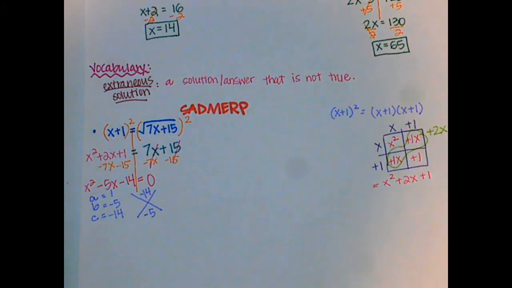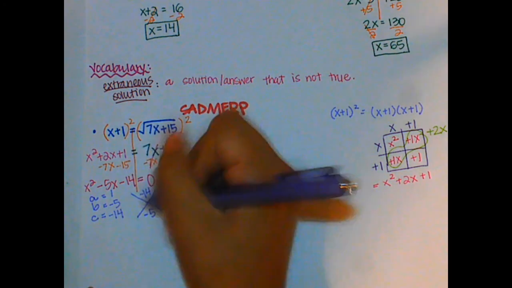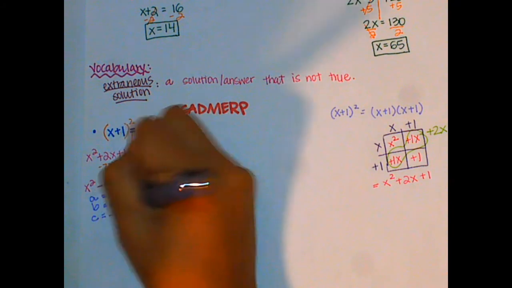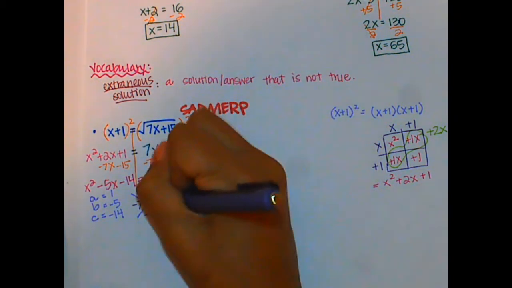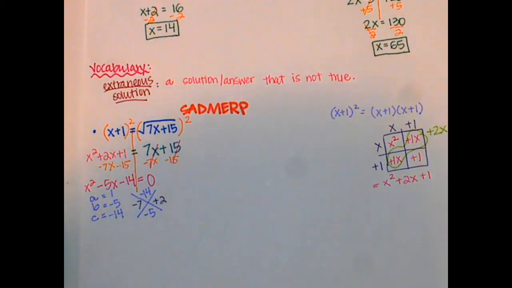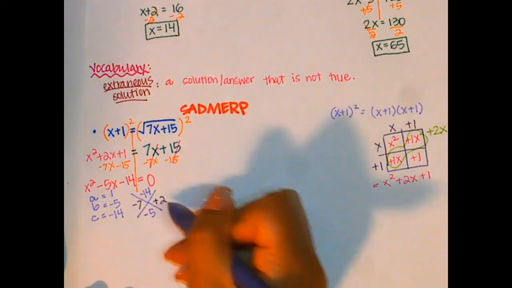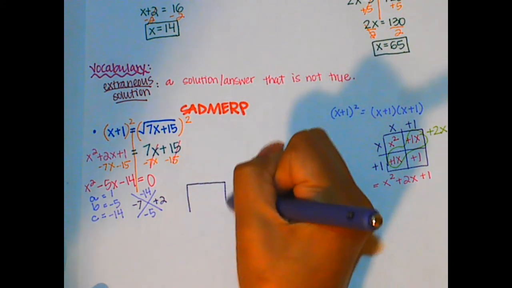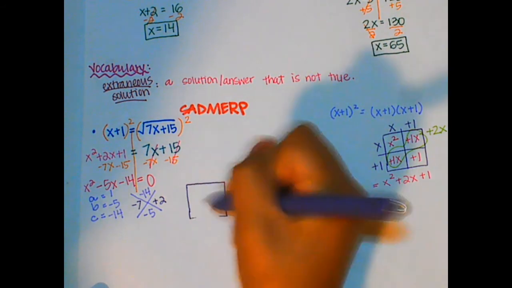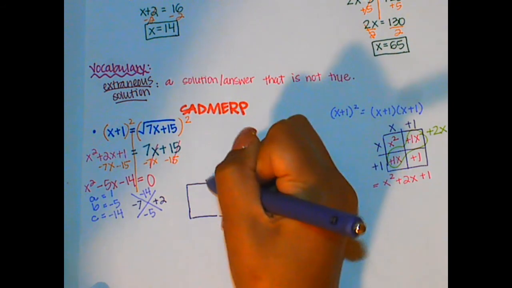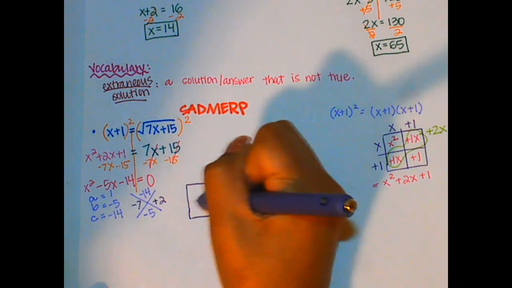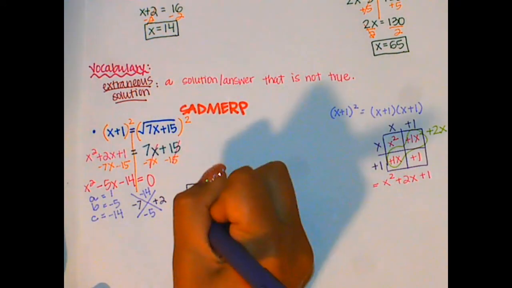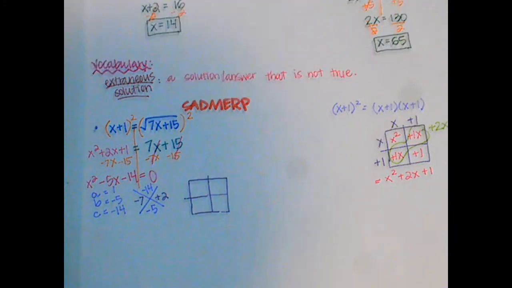And I know that my two numbers here would be negative 7 and positive 2. Okay. I'm going to turn that into my area model. So I'm going to fill in the inside now.